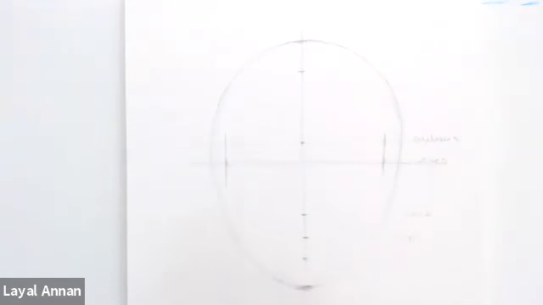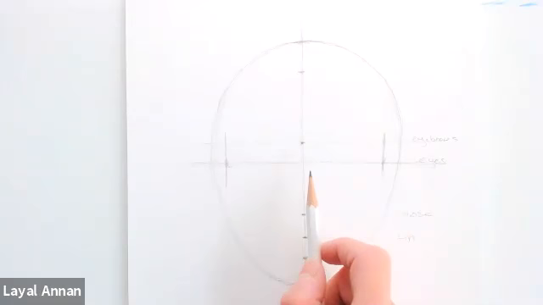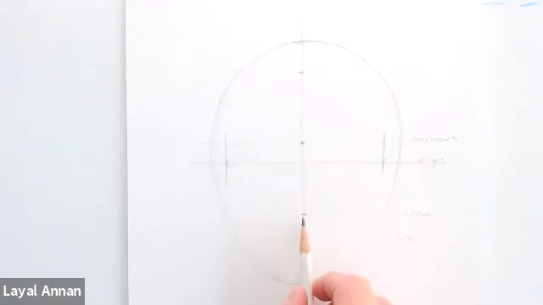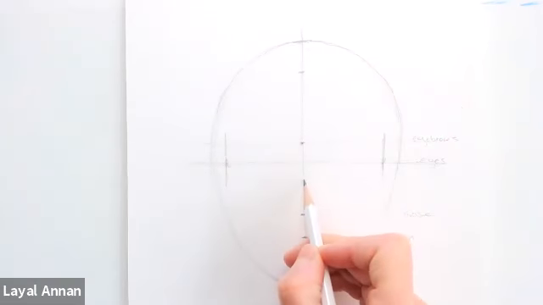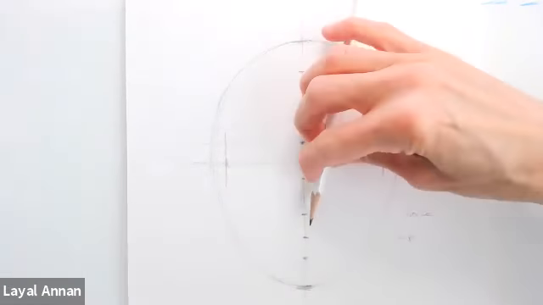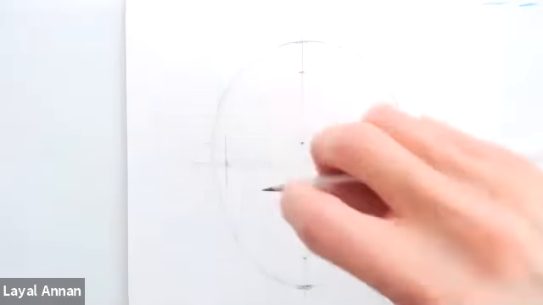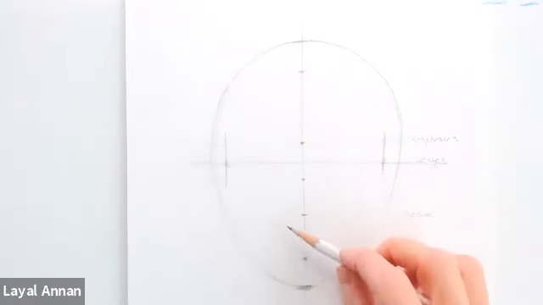Okay. Now, what we have to do is find the width of the nose. So this is the first step. To find the size of the eyes, we have to find the width of the nose. That will give us the size of the eyes. If I take the distance between the nose and the eyebrows and divide it roughly in half, this will give me the width of the nose.